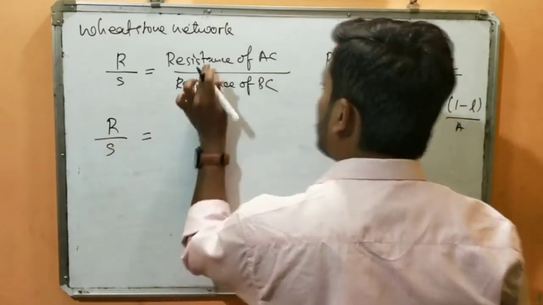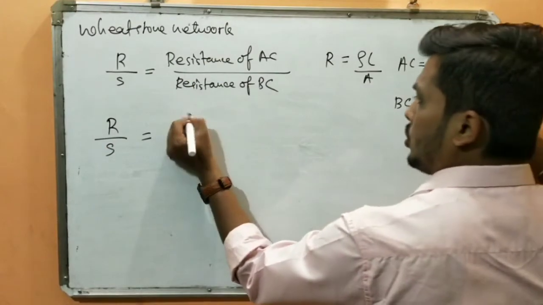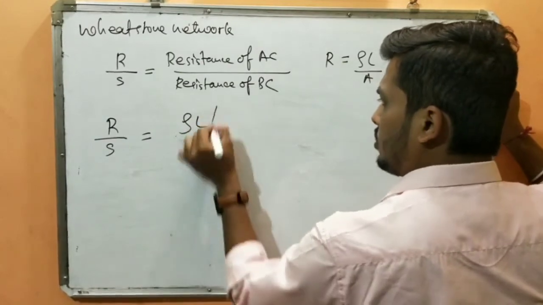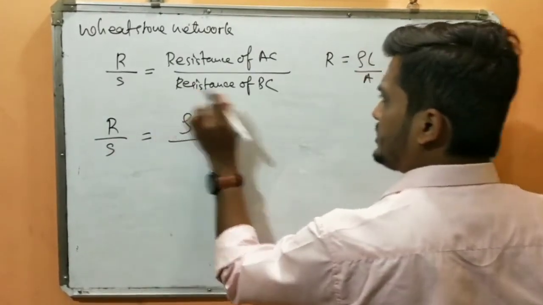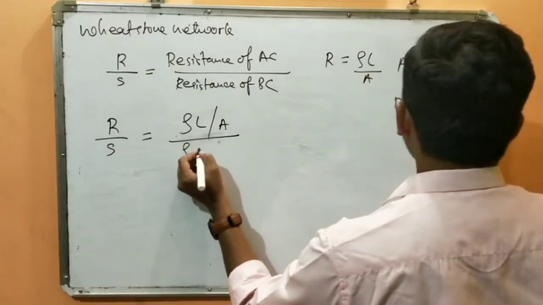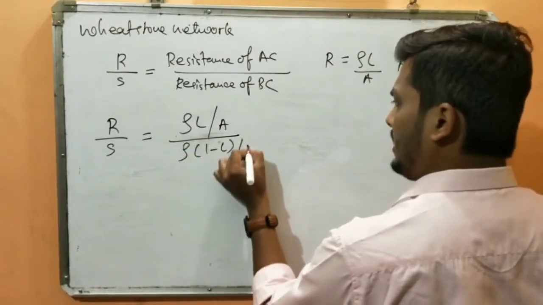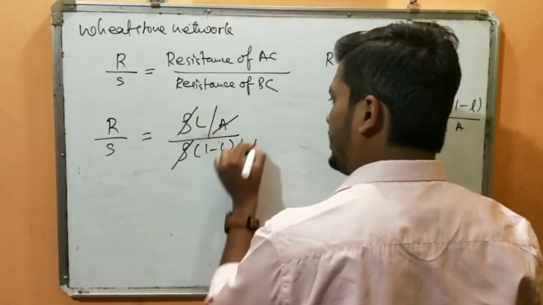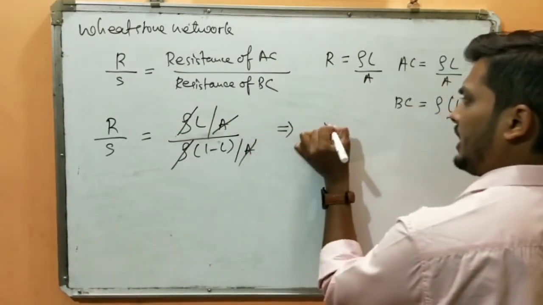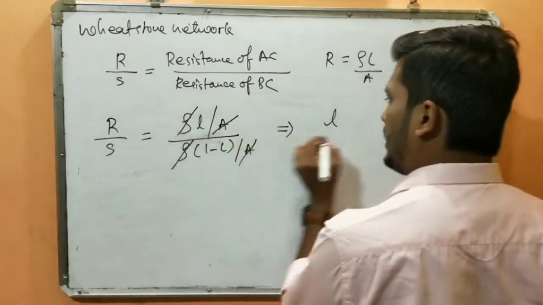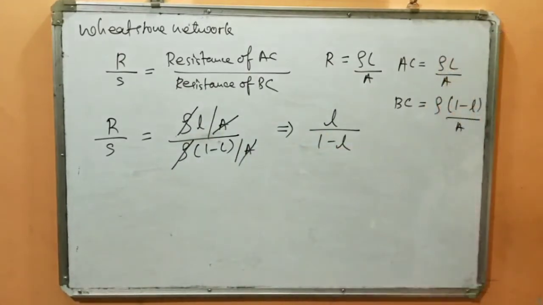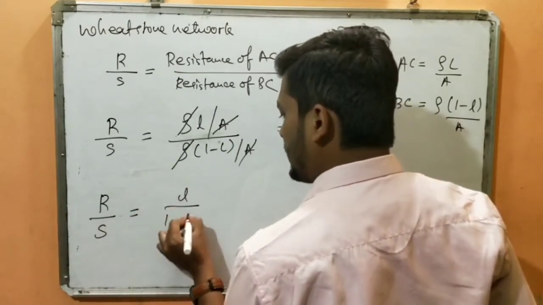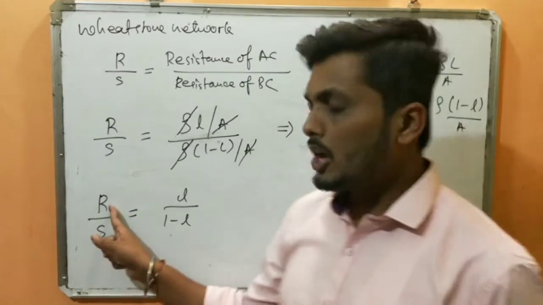So here what would it be? R by S equals the resistance of AC, which is rho L by A. Similarly, I will write it here. Resistance of BC is rho 1 minus L by A. So from this, I can cancel rho with rho, A with A. And what I am left with is L divided by 1 minus L. So what you get here is R by S equals L by 1 minus L. So your aim is to find this unknown resistance.